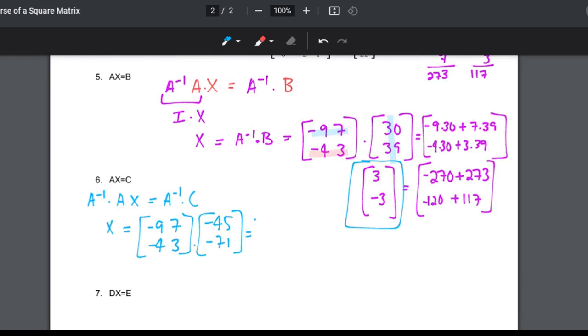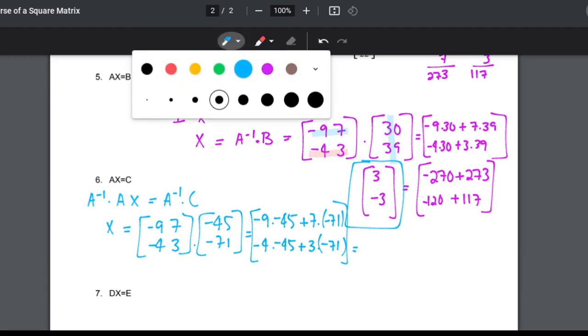All right, so we need to do -9 times -45 plus 7 times -71. And then in my bottom row, I'm going to have -4 times -45 plus 3 times -71. All right, so we're going to do our best not to use our calculators.